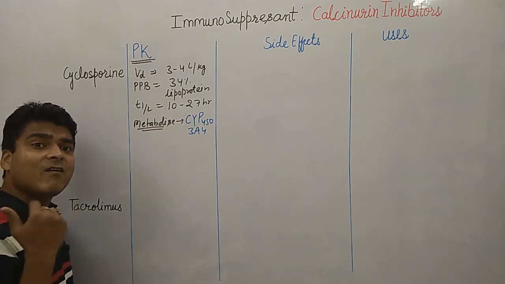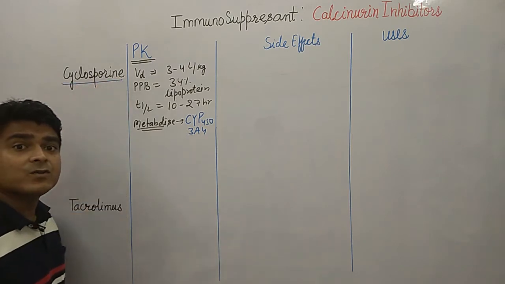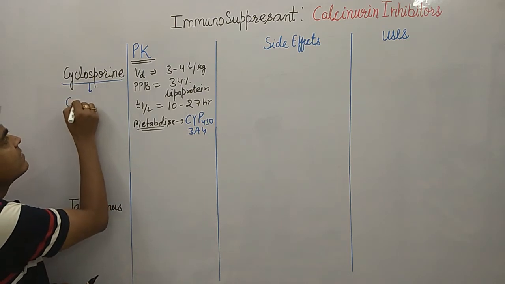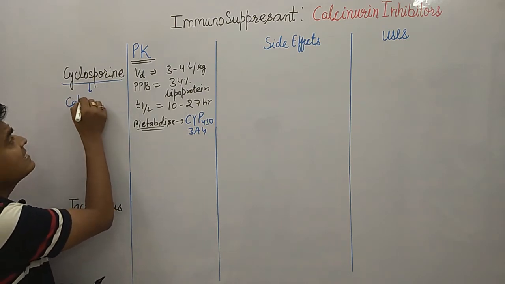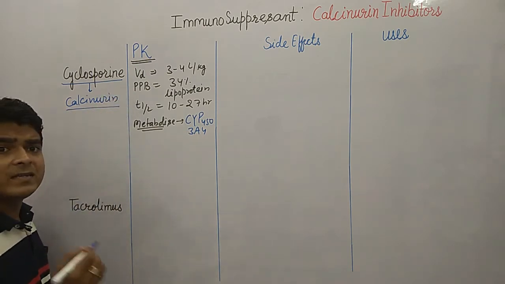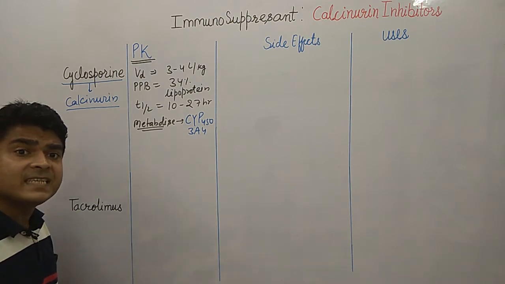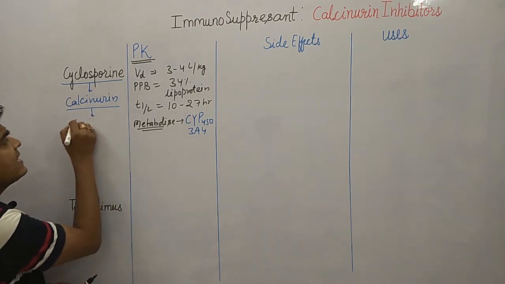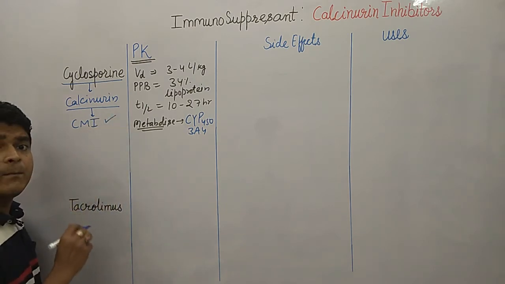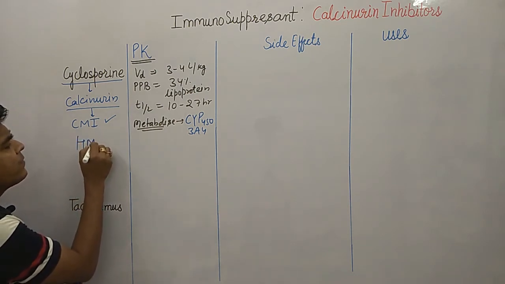In an earlier lecture I already discussed the mechanism of action of cyclosporin. You know very well that it is a calcineurin inhibitor, so it inhibits calcineurin. One more thing about this drug is that it inhibits cell mediated immunity, but it does not affect humoral mediated immunity.